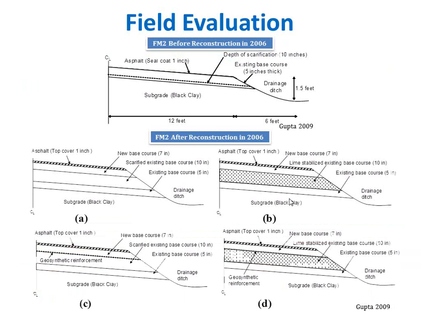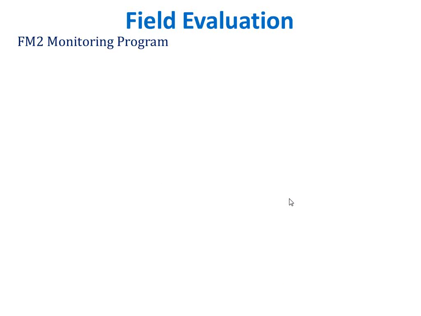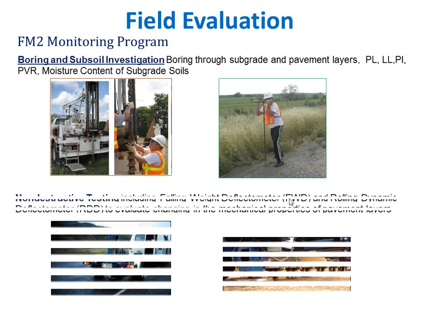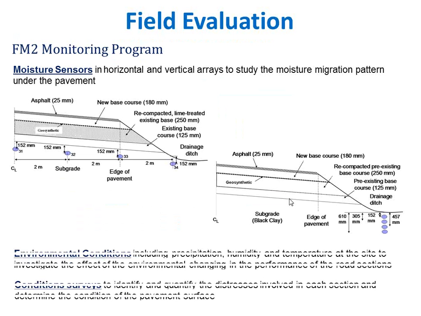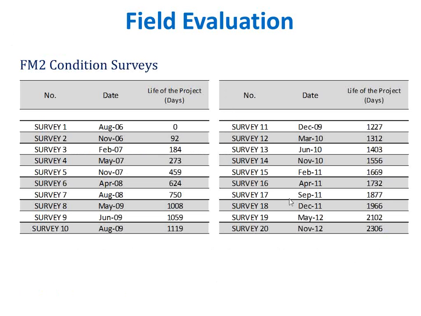This is what the cross-sections look like before reconstruction, after reconstruction. Some of them are lime treated, some of them are not. Low volume road. Significant monitoring of moisture changes. Okay, and this is where I wanted to get.